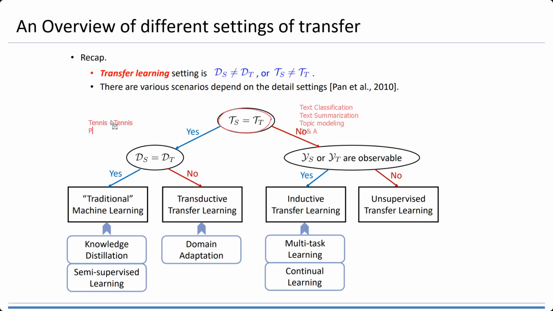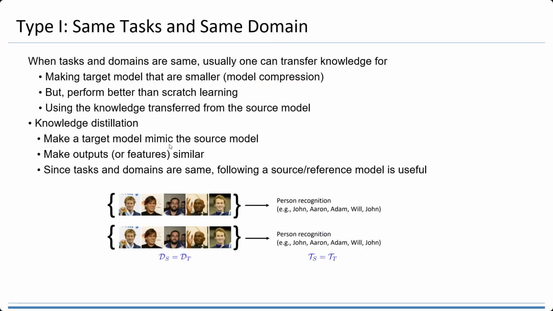But if I have the data on the ping pong, and I want to recognize the data on the tennis, then the domain is not the same. Then we do this one. Okay, that's the meaning by the domain and the task. So the same task and the same domain. So let's see more detail.